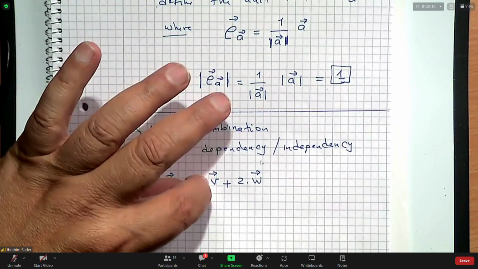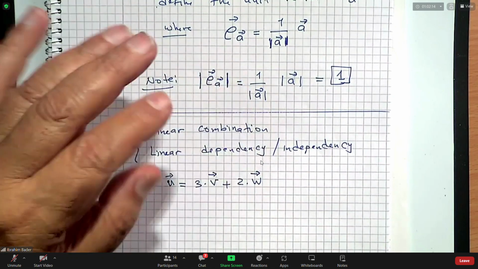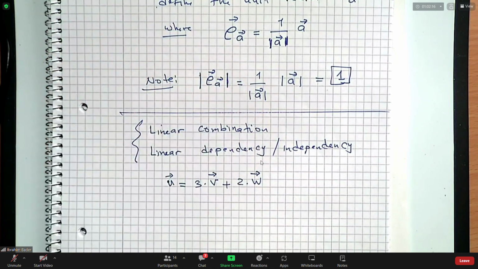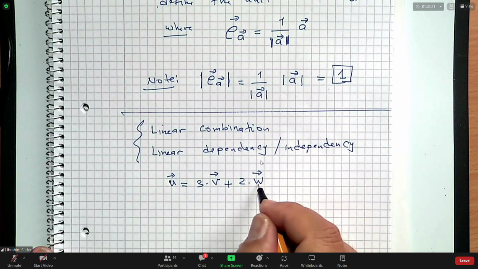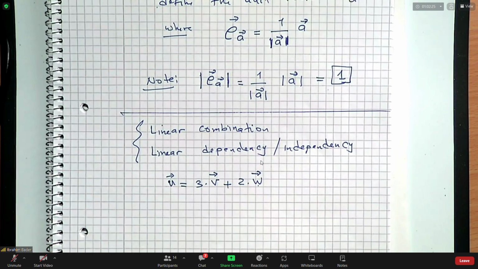You see the vectors don't have square roots or squares, they have power 1, and I'm multiplying with constants. So we say u is a linear combination of the vectors v and w. Is it clear what is meant by linear combination?